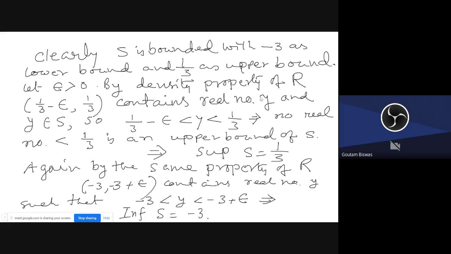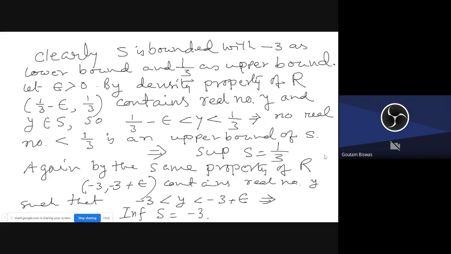So it contains at least one real number y, and y is contained in that set S. But actually there are infinite y. So no real number less than 1 by 3 is an upper bound of S. Okay, that's called supremum S is equal to 1 by 3.